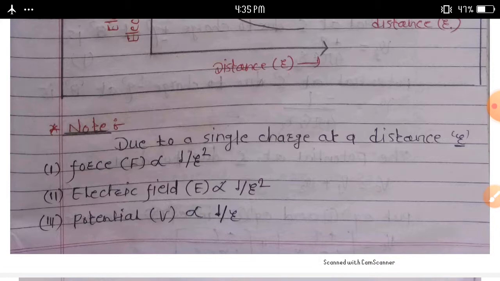Second, the electric field E is inversely proportional to r square, and the electric potential V is inversely proportional to r. This is the significance of this variation of electric field and potential with distance. This distance we consider small r.